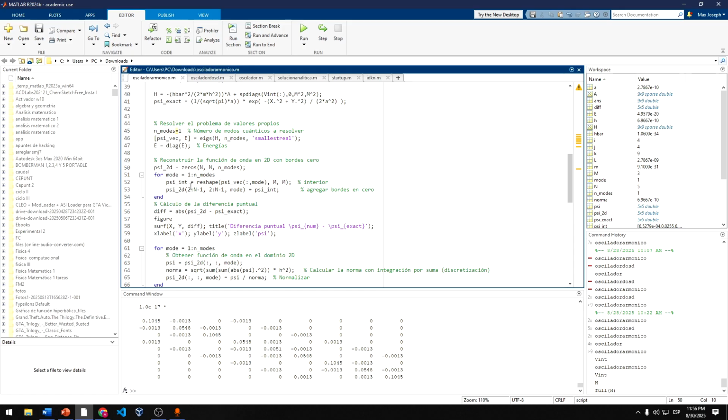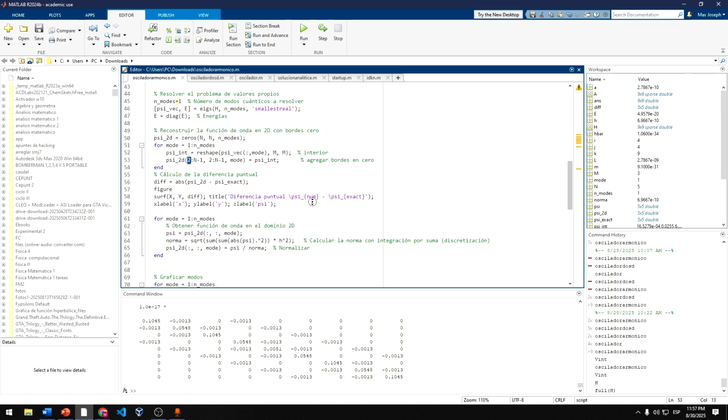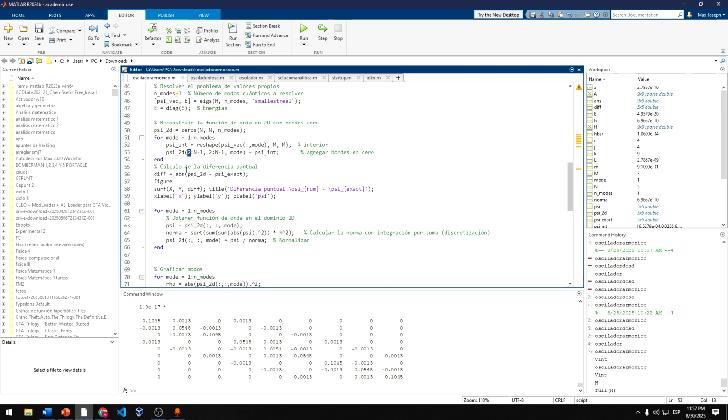Entonces va a ordenar el vector de psi vector, que lo hemos puesto acá, en toda la parte interior de psi 2. Eso es lo que queremos hacer con esto también. Psi 2, o sea, la parte interna de psi 2 va a ser igual a psi interno. Ahí estás agregando la parte interna.